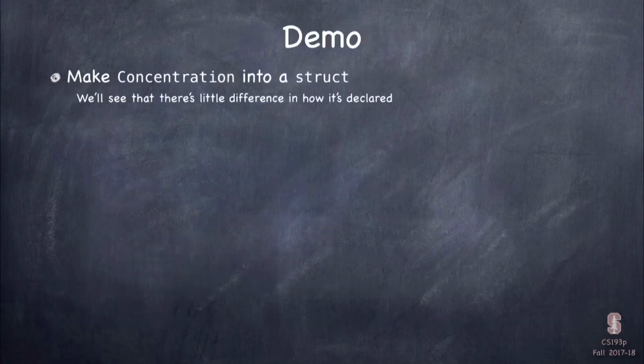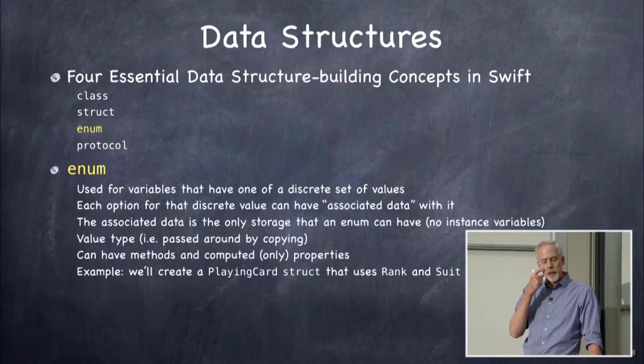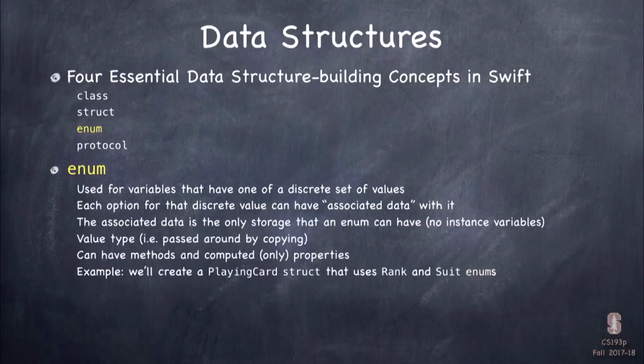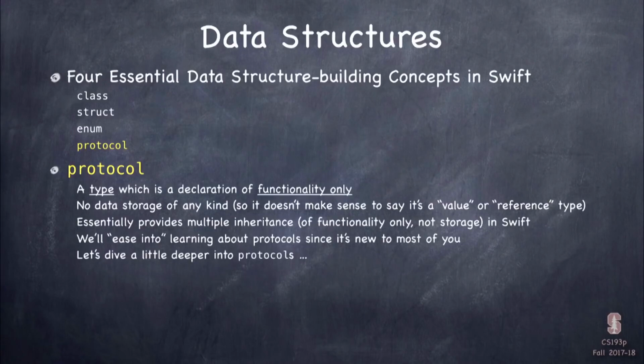Enum, so this is the demo, which I'll do next time. And then enum here, we've already just covered, so I'm not going to talk about it. Another value type, discrete values. It also can have the same kind of functionality inheritance. This functionality inheritance that I keep mentioning is done using this last one, which is called protocols. So I'm going to start off on Wednesday with a detailed explanation of what a protocol is.